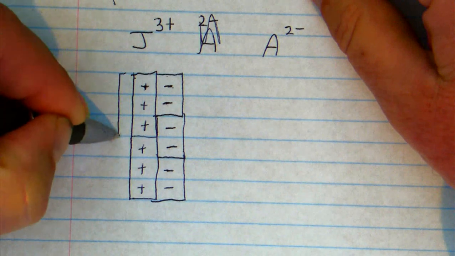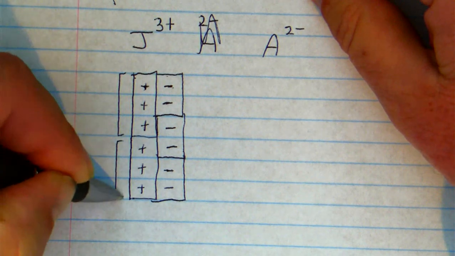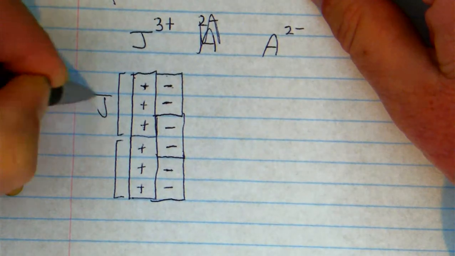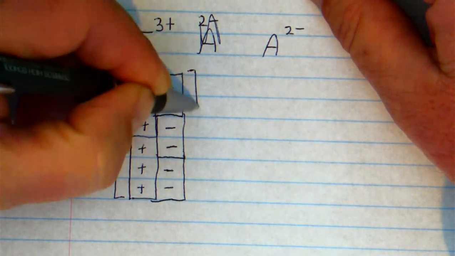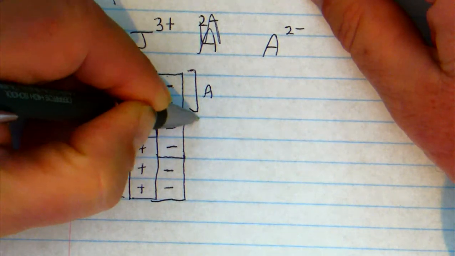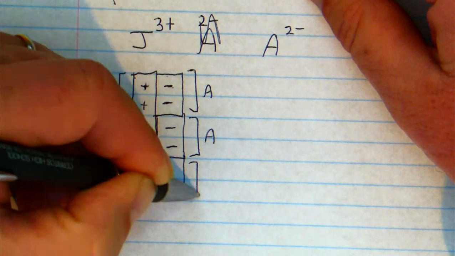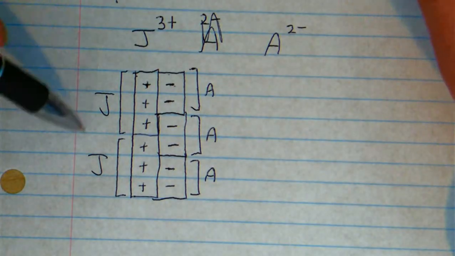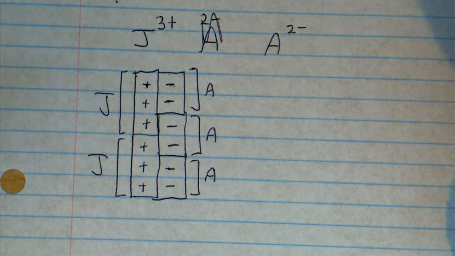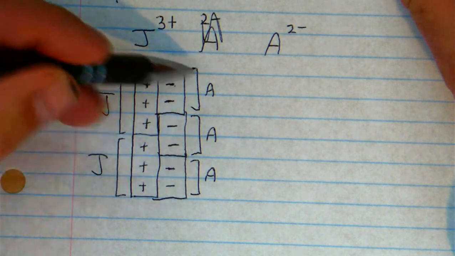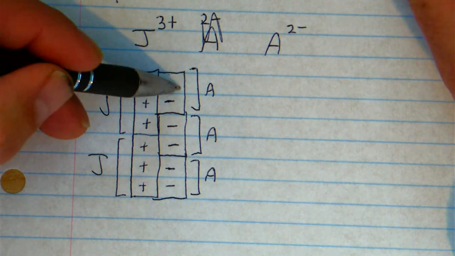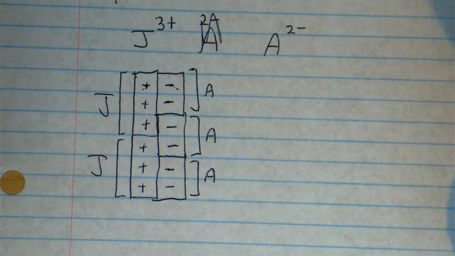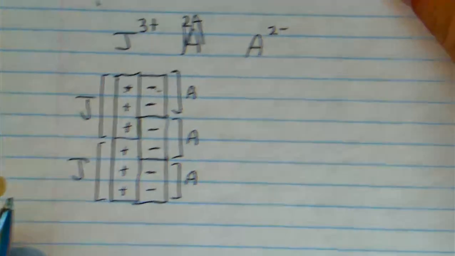I've used 2 Giselles while I've used 3 Ambers. And when I create this combination of 3 Ambers for every 2 Giselles, I finally have a neutral molecule. For every positive, there's a negative. And this is a stable molecule.